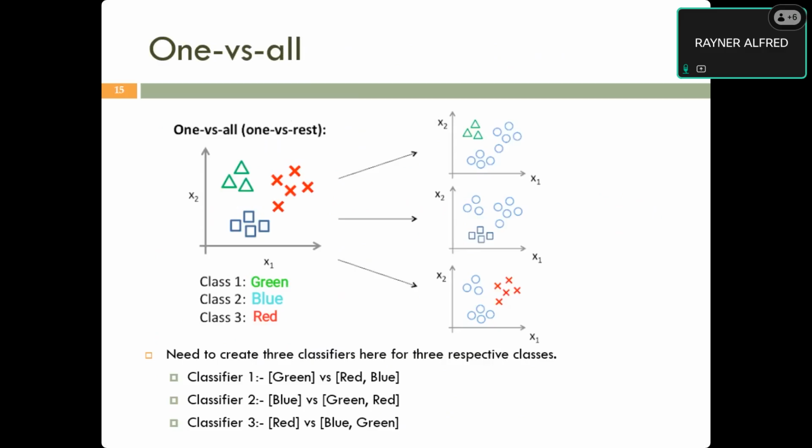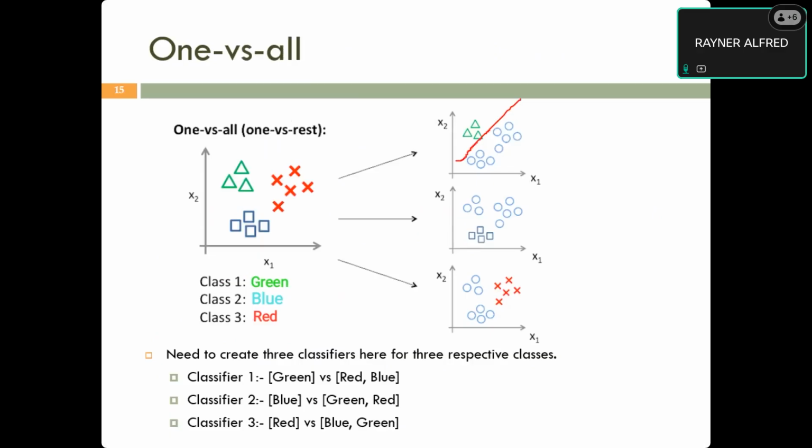So first thing we can do is, we have multi-class here, 3 classes. One versus all means you pick one of the labels versus the remaining items that we have. For instance, we take the green first, then we draw a line here.